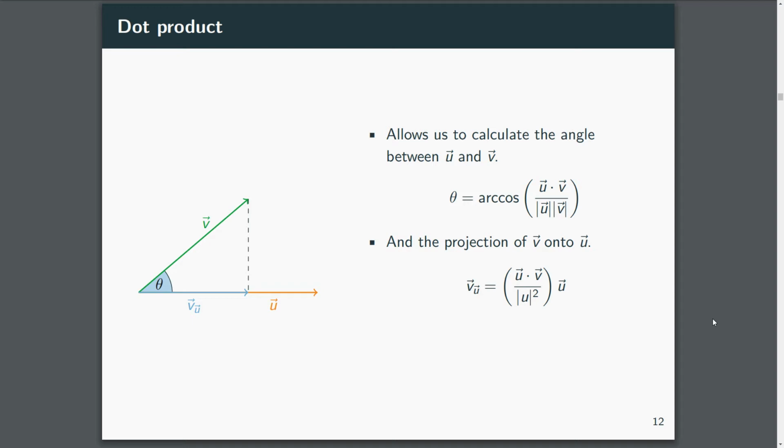We can also get the projection of v onto u. So you take the dot product, divide it by the magnitude of u squared, and then you get some scalar value, which you multiply with u, and then you reach some certain point on the vector u, depending on how far along this v vector is.